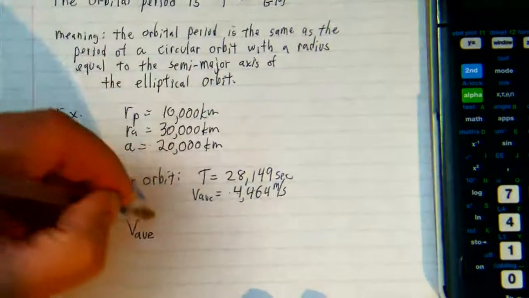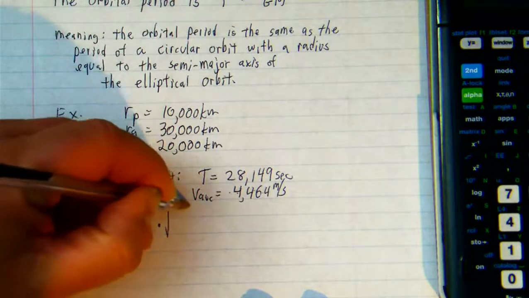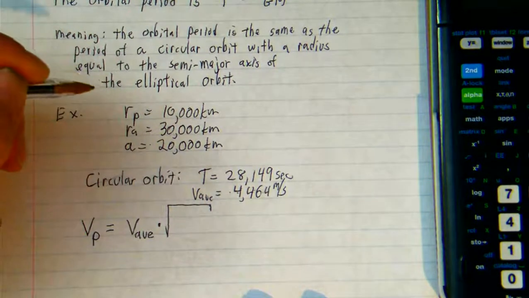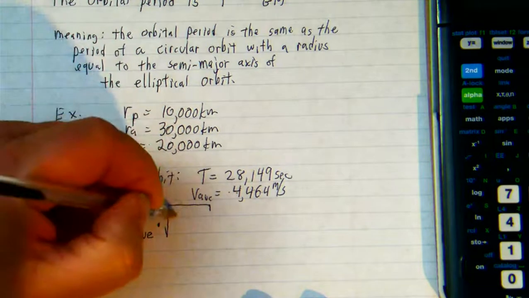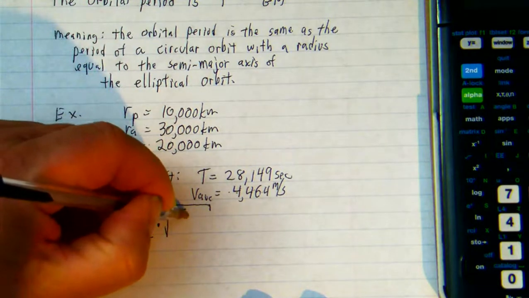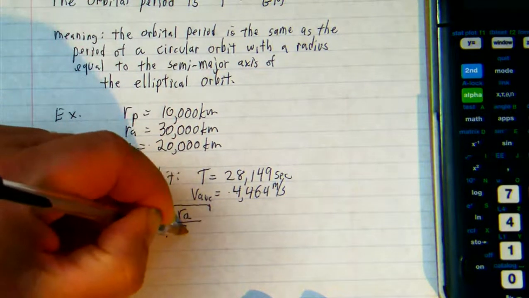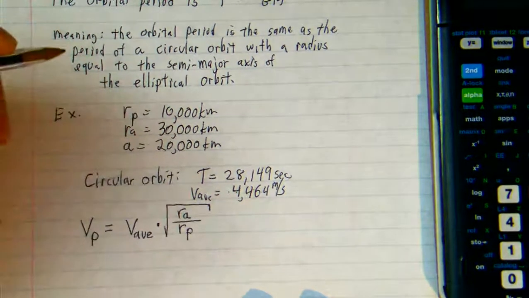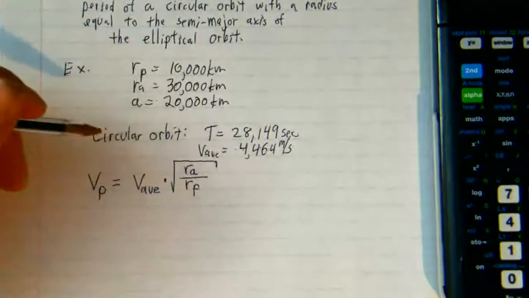If you take the average speed and multiply it by the square root of the apoapsis radius divided by the periapsis radius, you're done. That's the whole formula right there.